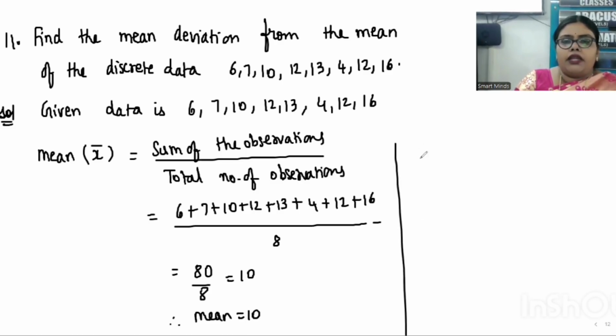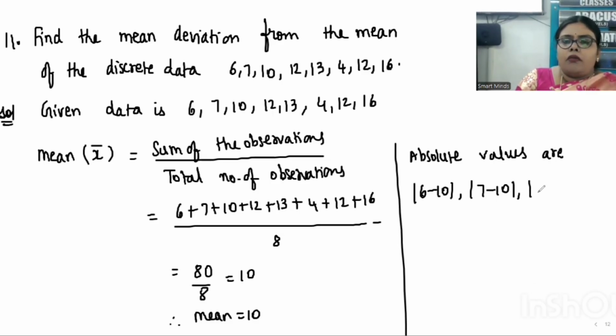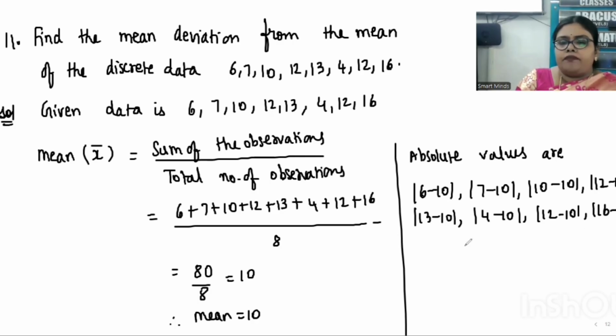Now we need to find out absolute values. So what are absolute values? We need to subtract mean from each of the observation with a modulus. So mod 6 minus 10, mod 7 minus 10, mod 10 minus 10, mod 12 minus 10, mod 13 minus 10, mod 4 minus 10, mod 12 minus 10, mod 16 minus 10.